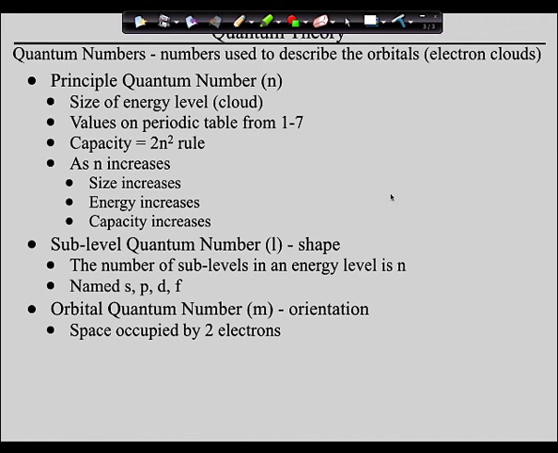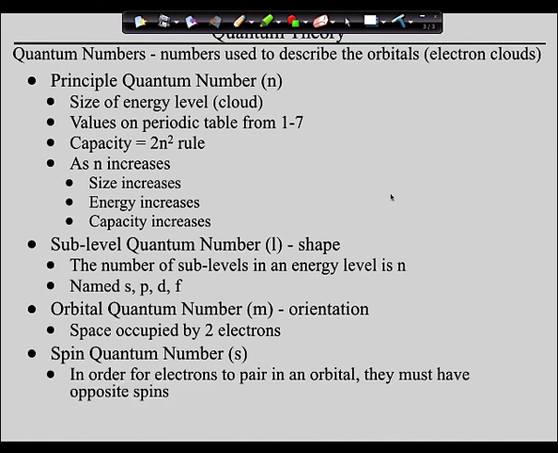One north pole is pointing up and one north pole is pointing down. And what will that do to them if one is north pole up and the other is north pole down? Makes them attract. And that attraction overcomes the repulsion between the negatives and it allows them to pair up. Crazy, right? So here's the thought. This last number, the spin quantum number, explains the fact that in order for electrons to pair up in an orbital, they must have opposite spins.